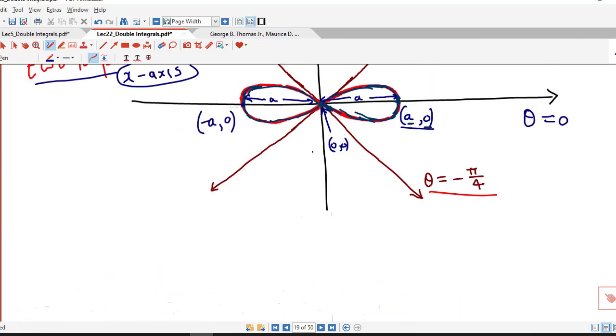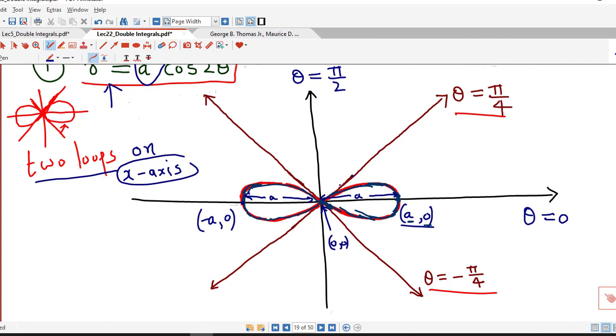And we will take care that here this line is theta equal to pi by 4, and if we consider theta equal to minus pi by 4, then this loop is bounded by these two angles theta equal to pi by 4 and theta equal to minus pi by 4.